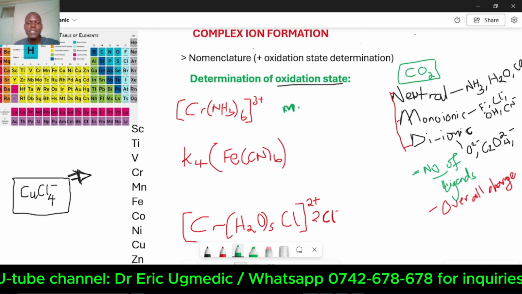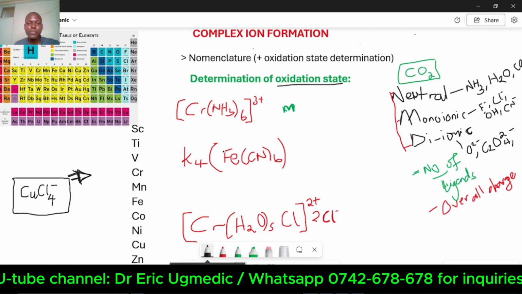What you're going to do next depends on your understanding that the sum of the oxidation states of all these atoms or molecules involved in the formation of the complex will be equal to the overall oxidation state. You get? So the oxidation state of chromium plus the oxidation state of the ammonia will be equal to the overall oxidation state.